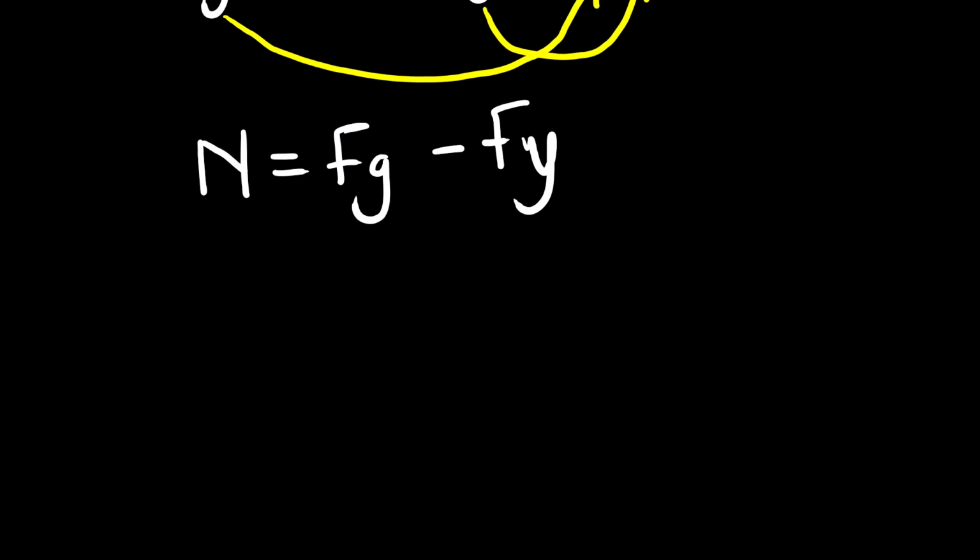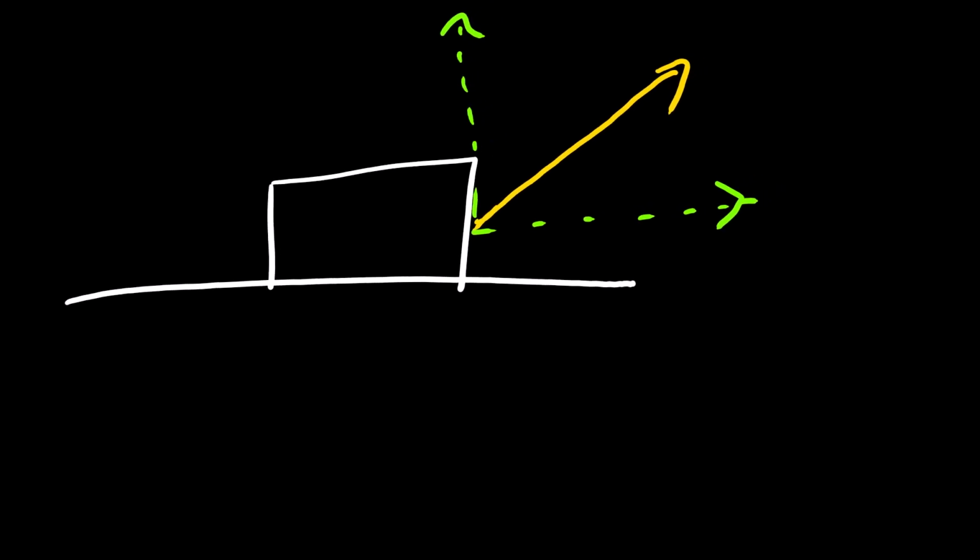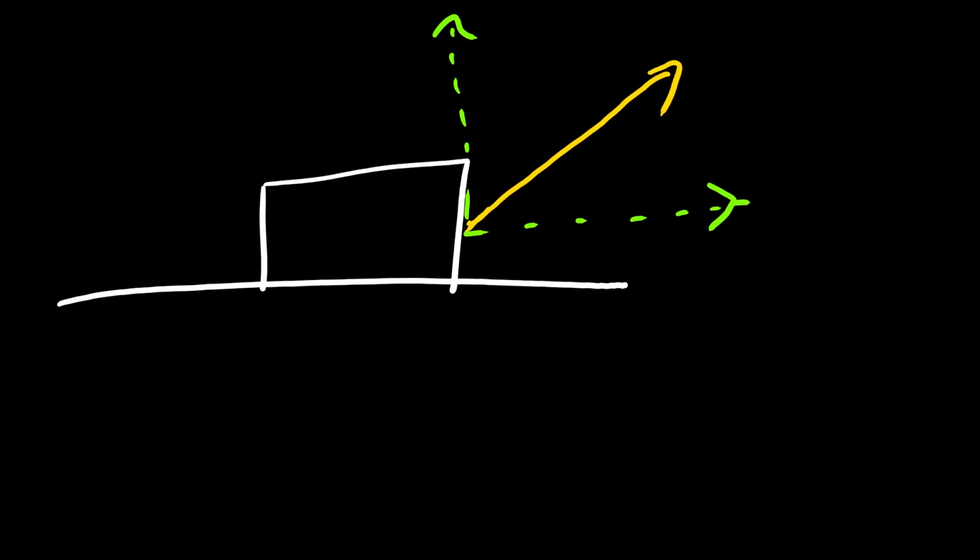Now before we continue, remember, on an incline we talked about the components, then we talked about the equations of the components. Now flat surface and incline, the components are a bit different in terms of equations. So if this is F, we know that this will be our Fx, this will be our Fy.